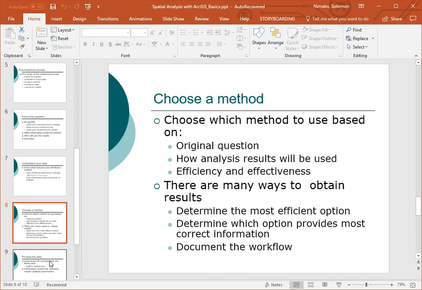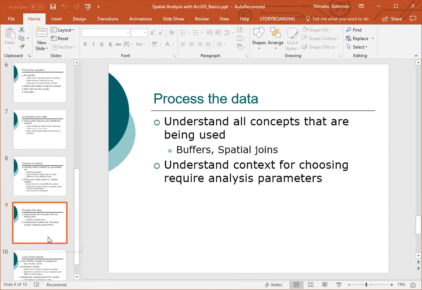Now, know that whatever workflow you use is one of many possible methods that could have been used to perform the same analysis. So don't beat yourself up or think your method is wrong. It could be just one of many methods that could have been there.